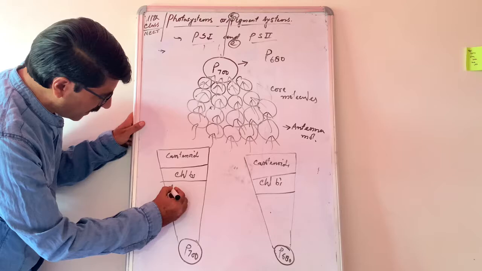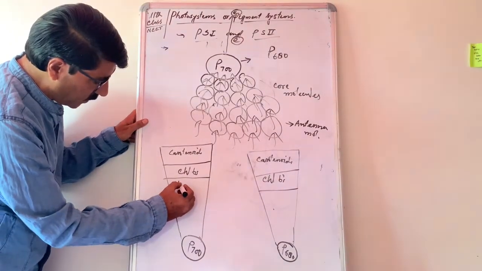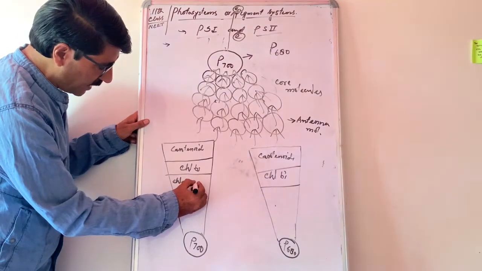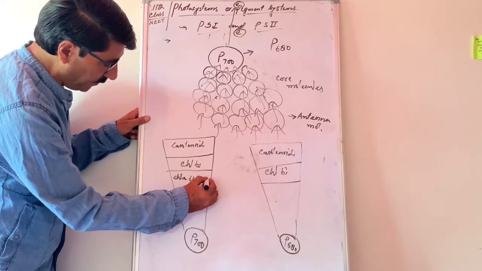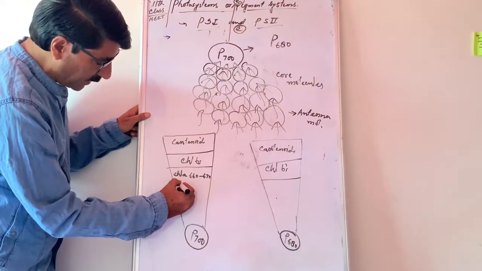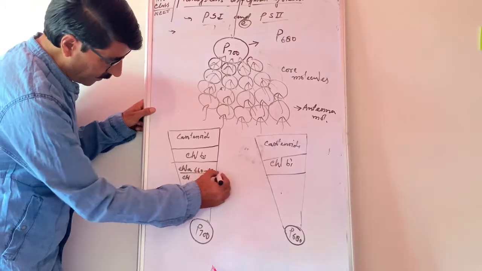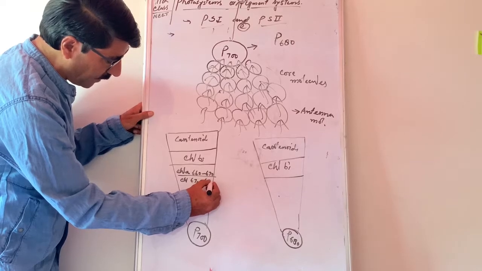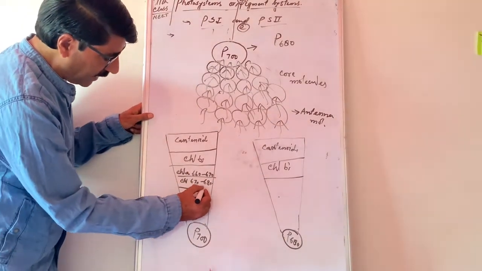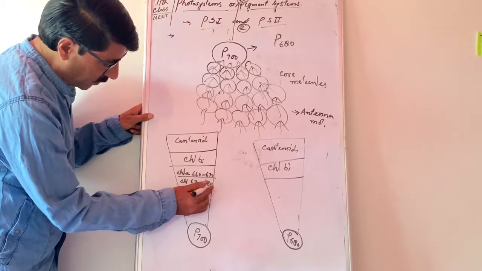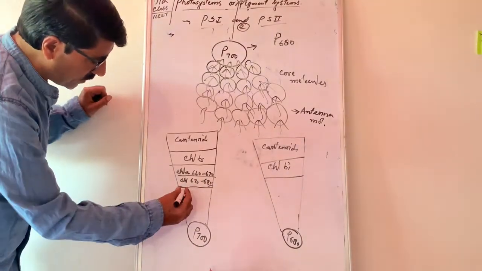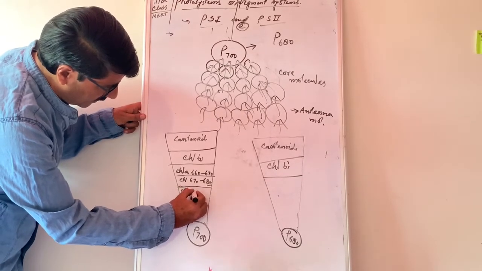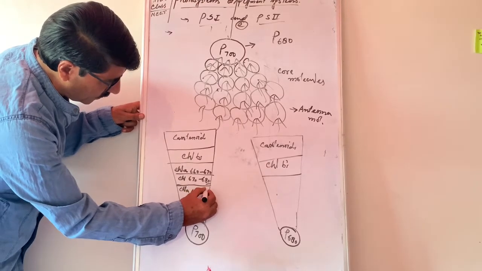These are all chlorophyll A molecules. This chlorophyll A molecule absorbs the wavelengths from 660 to 670. Likewise, there would be another chlorophyll A molecule which is absorbing the wavelength of 670 to 680 nanometers. And then there is another group of chlorophyll A molecules which absorb the wavelengths from 678 to 687.